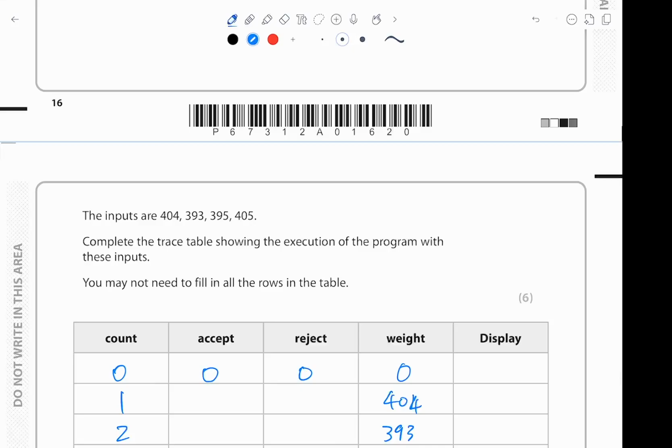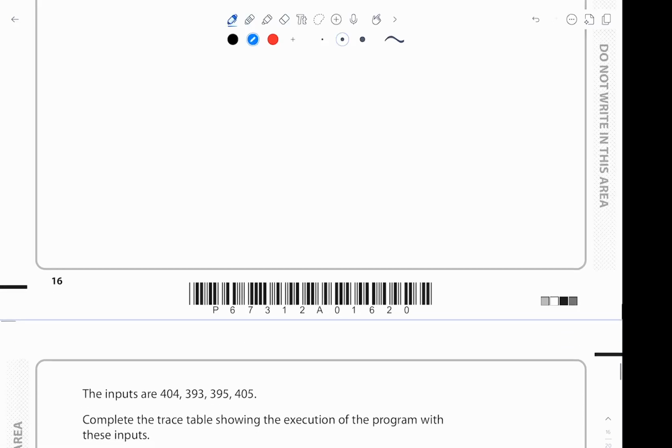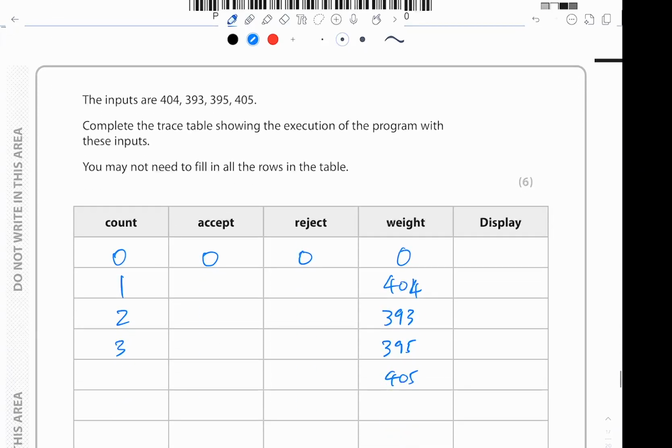Oh, hang on. Let's just check. No, sorry. 404. So if the weight is less than 395 or it's greater than 405, then reject. Else, accept. So 404 is accepted. So we can say accept. Okay, I think we're fine here.